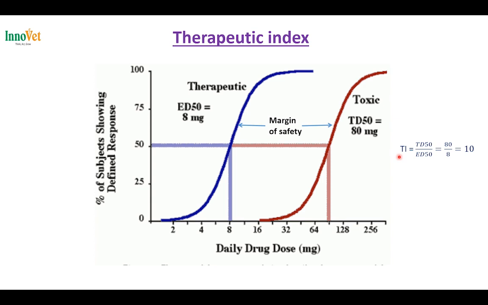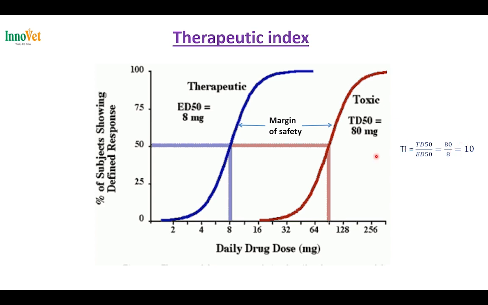If we do the math and we substitute into our formula of therapeutic index, the median lethal dose, or the median toxic dose, which is 80 from here, and then the median effective dose, which is 8, if you do the math, you come up with 10 as the therapeutic index.